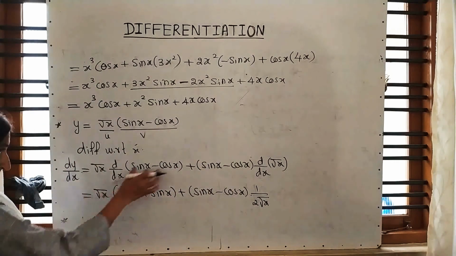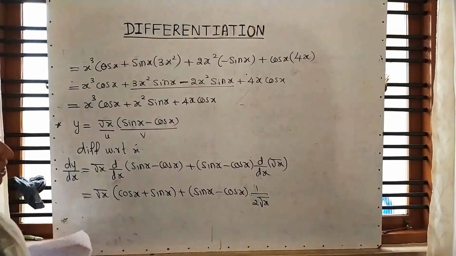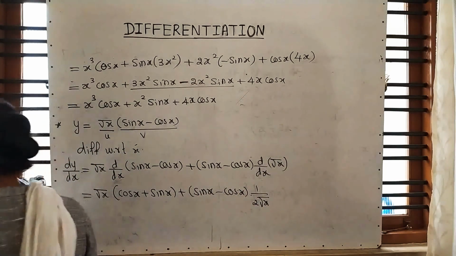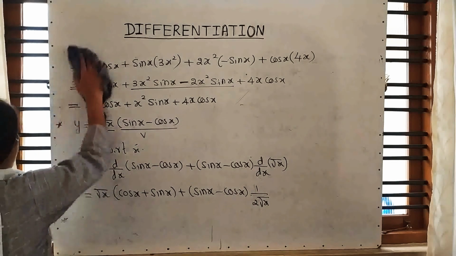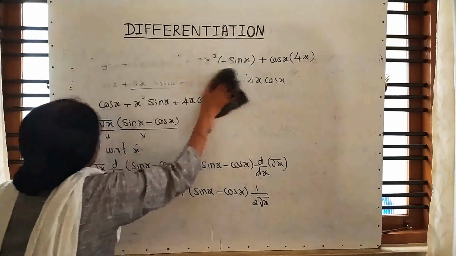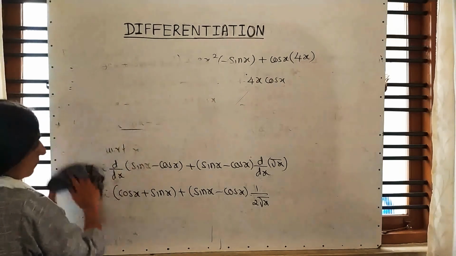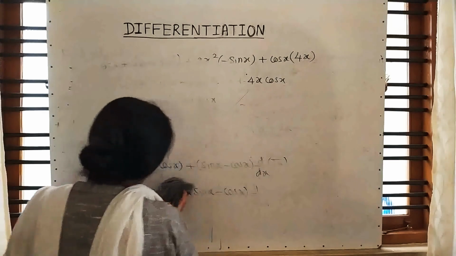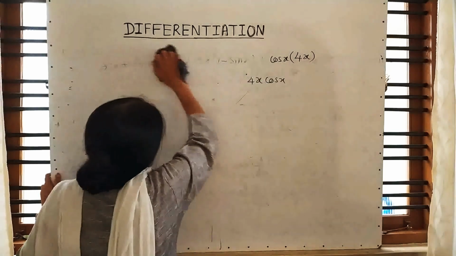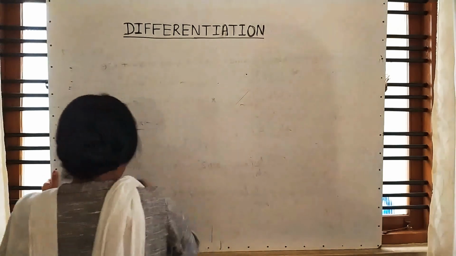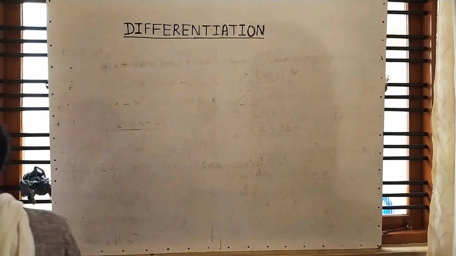See, this I kept as it is, I differentiated this, and this is before differentiation, so I kept as it is, differentiated root x. Next. If you are able to identify which formula is applicable, then half of the problems are solved there only. Next question.